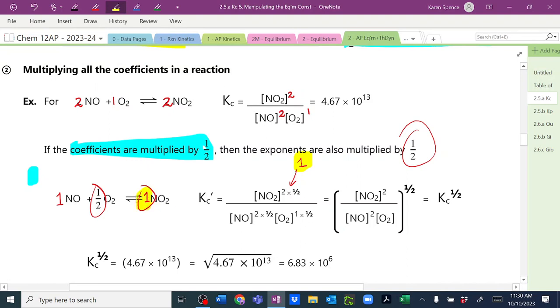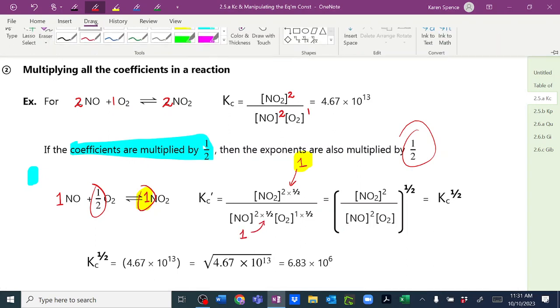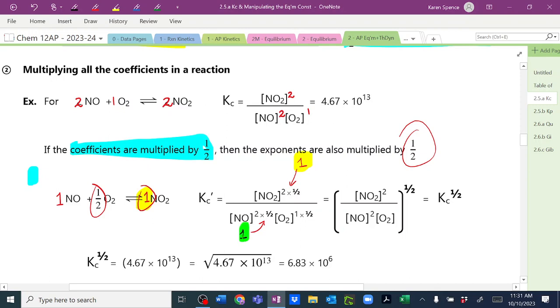Yes? Okay, we have NO to the 2 times 1/2, which is 1. Oh, look, we have a 1 there.